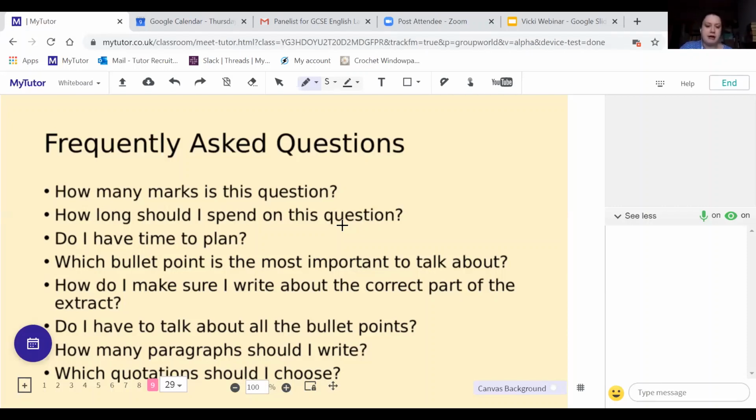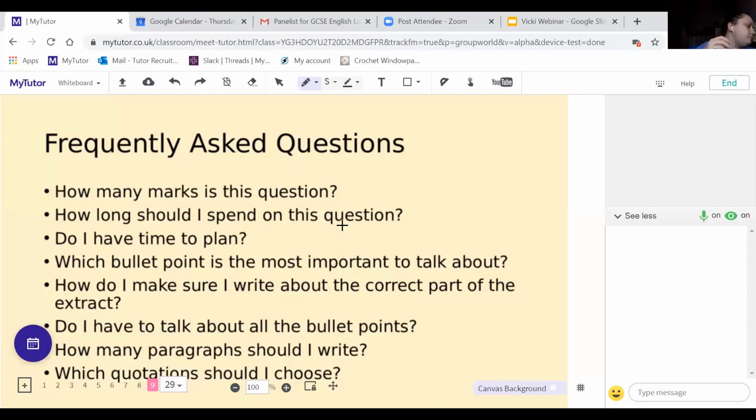How many paragraphs should I write? So I would say 2 really chunky paragraphs or 3 slightly smaller ones. As I've been doing with you throughout the week, they don't look particularly chunky because they are typed, but if I wrote these down, they would probably be half a page long each.